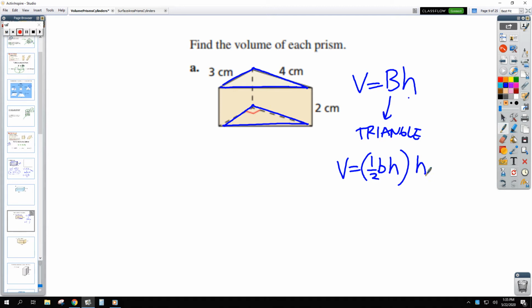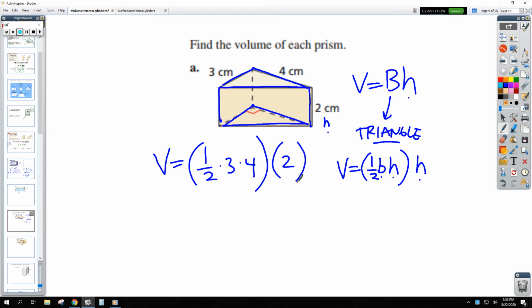What is the height of this prism? What is the perpendicular distance between the two bases? It's going to be 2 here. So let's take all our info and plug it into our formula. 1/2 times the base of the triangle and the height of the triangle. Take that and multiply it by the height of the prism, which we said was.